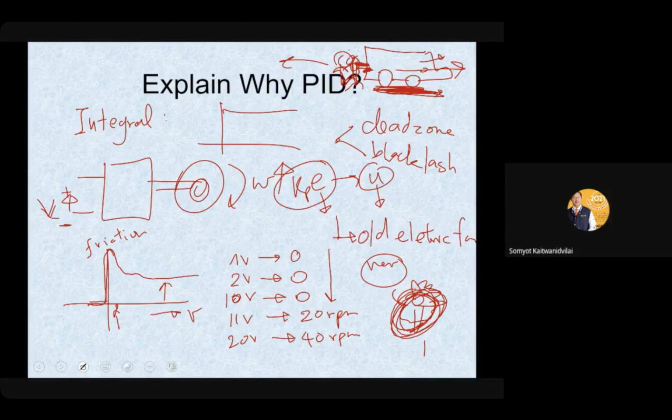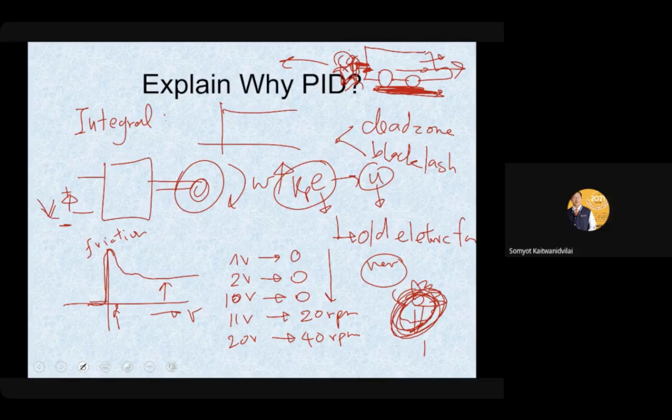But unfortunately, when you go to the target, what happened? At this point, the error becomes very low. Your U put to the system is very low as well. It makes sense that if you have low error, you should put U very low.